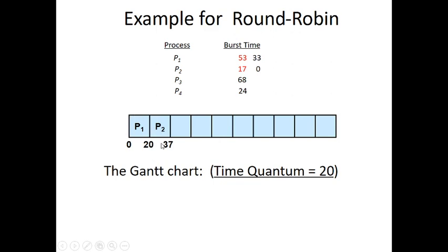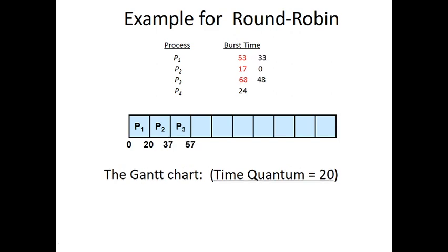P2 will execute for 20 units, but out of 20 units only 17 were usable by P2, so remaining is 0. So 20 plus 17 is 37, right?